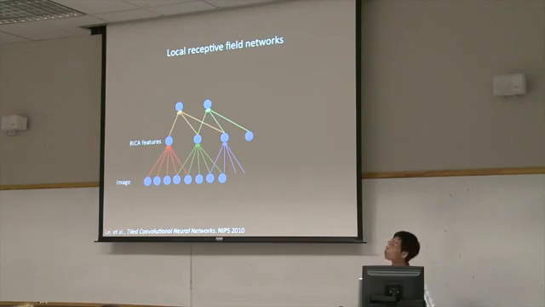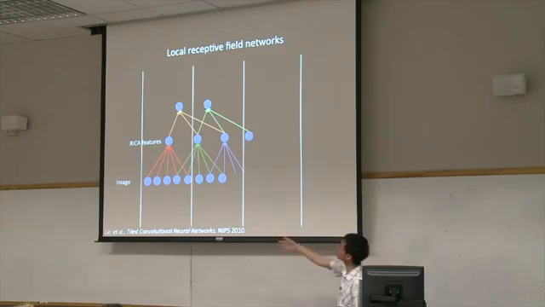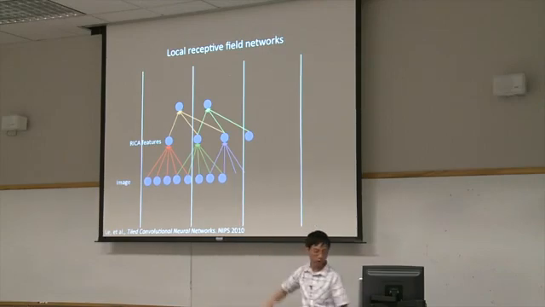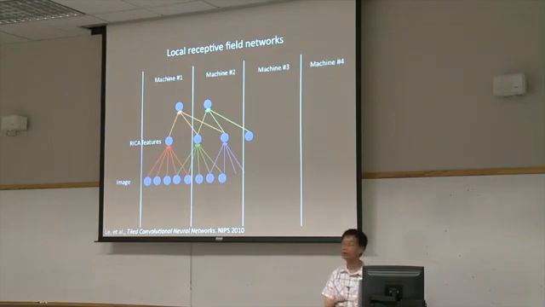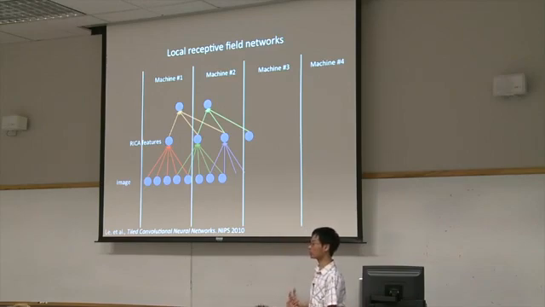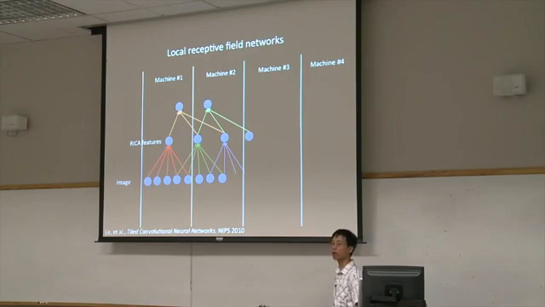Now, after having the explicit constraint in the image, what we can do in the network is carve it vertically. We divide the computations such that the feature computation for these 2 nodes goes to machine number 1, the feature computation for these 3 nodes in the middle goes to machine number 2, and the feature computation for these goes to machine number 3, and so on. It's a very simple but very effective way to parallelize the training of these models.